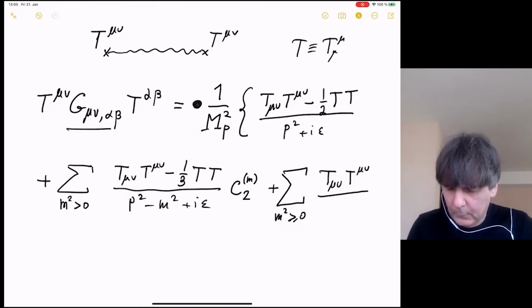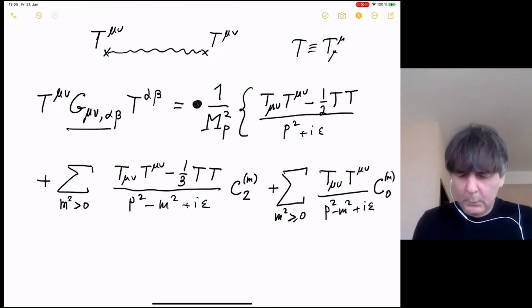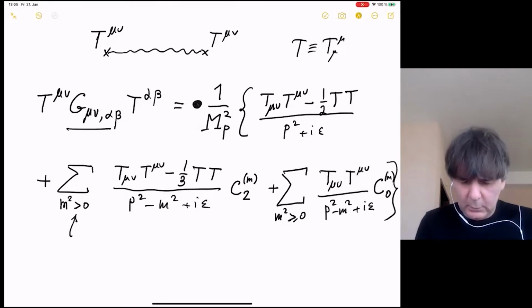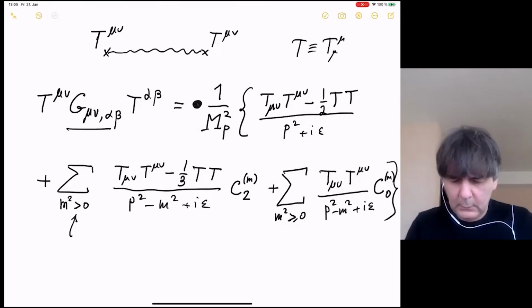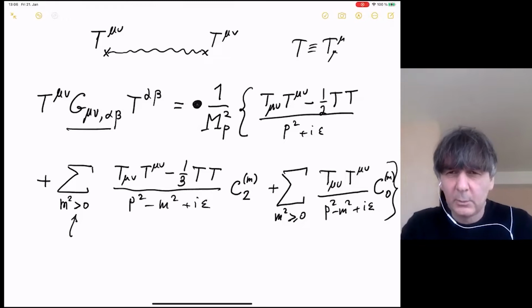And the corresponding coefficient, let me call it C0 for spin 0 and mass m. So here they are strictly non-zero, because the coefficient is 1/3, and here they can be anything. So the limit for the scalar exchange between two energy momentum tensors is smooth in the massless limit.